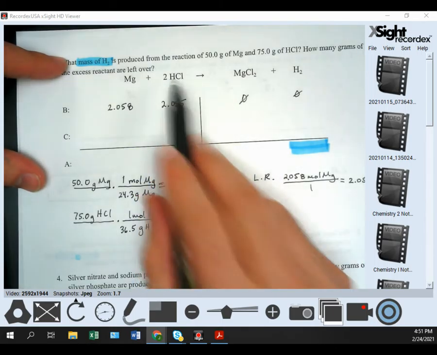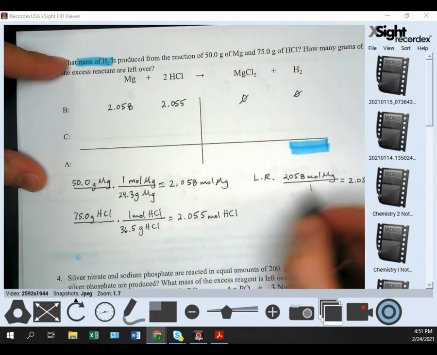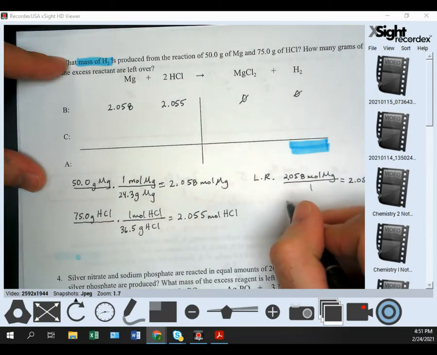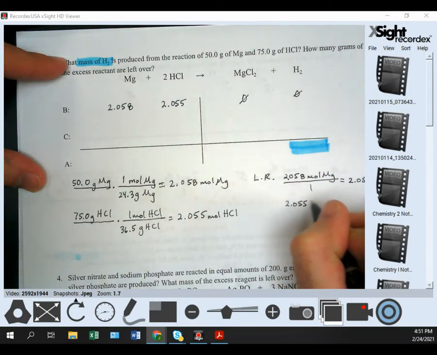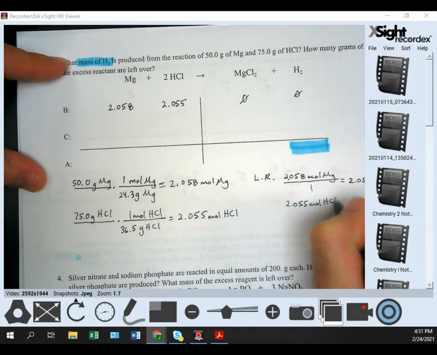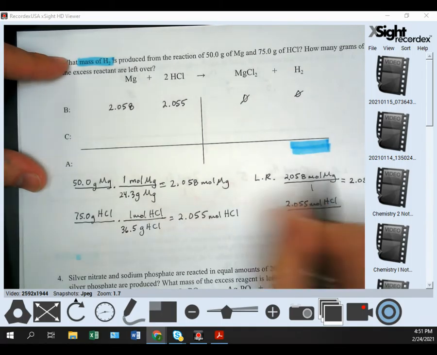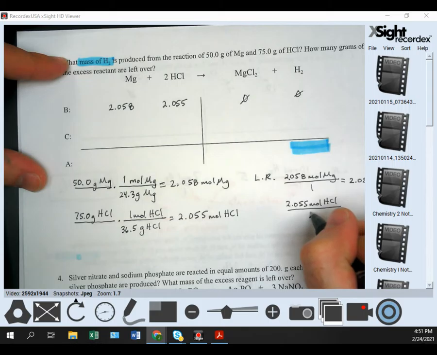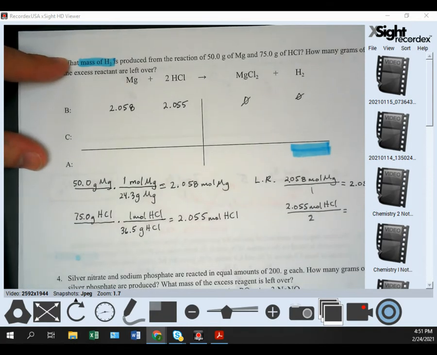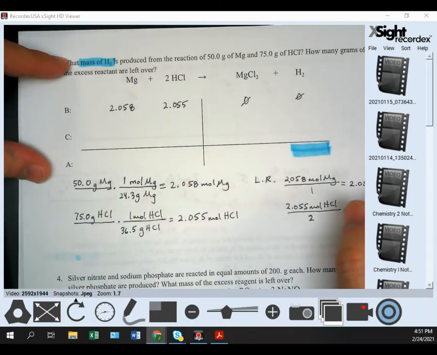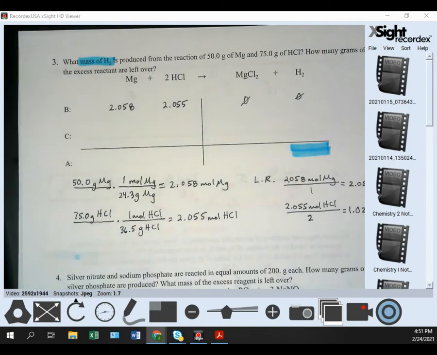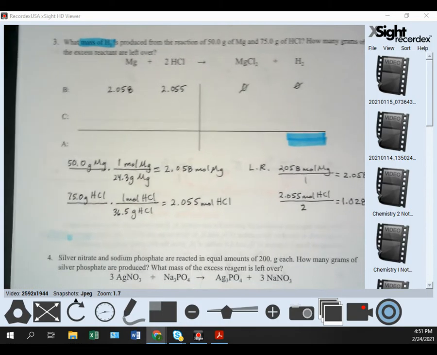For the hydrochloric, it's 2.055 moles of the hydrochloric divided by the coefficient in front of the hydrochloric, which is 2. This comes out to be 1.028, rounding there.